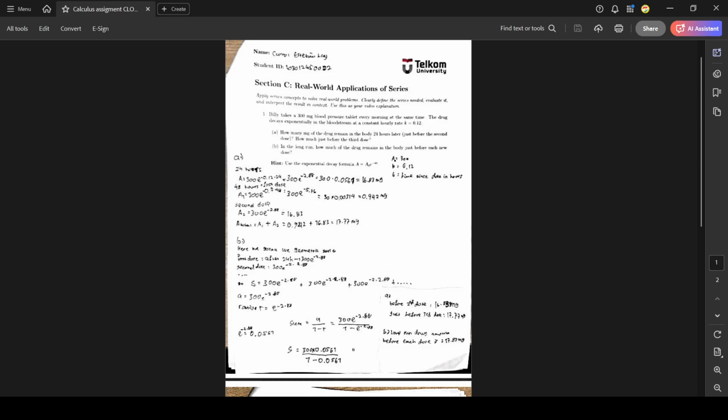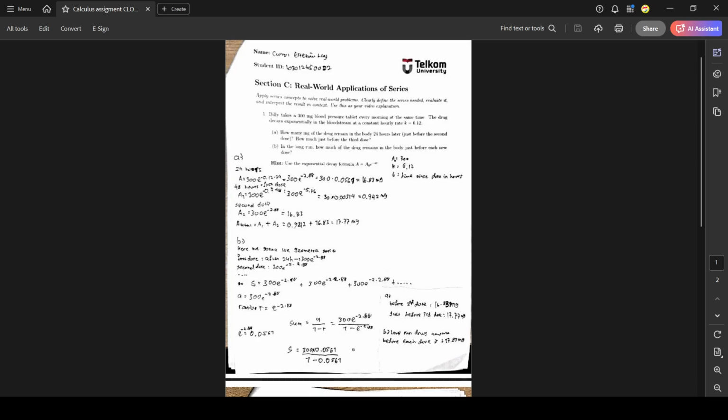So here we know that the series S is equal to 300 times exponential of minus 2.88 plus 300 times exponential of minus 2 times 2.88, and so on continuously.